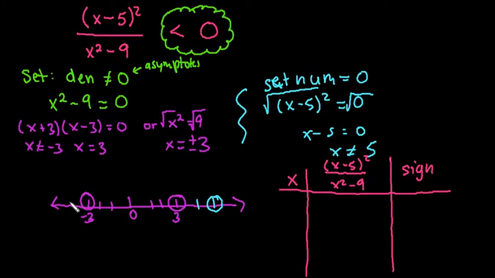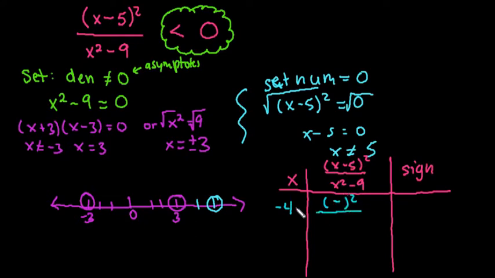Negatives are what is going to make this true. The first value I'm going to pick is in the interval from negative infinity up to negative 3. I can pick any value to the left of negative 3, so I'm going to pick negative 4 and plug that in. I would have a negative minus a negative gives me a negative, squared.